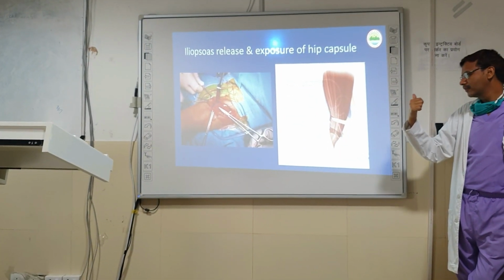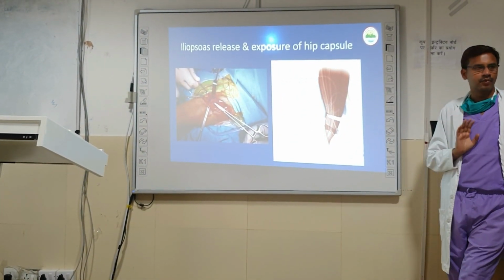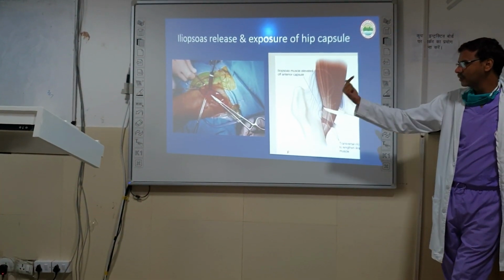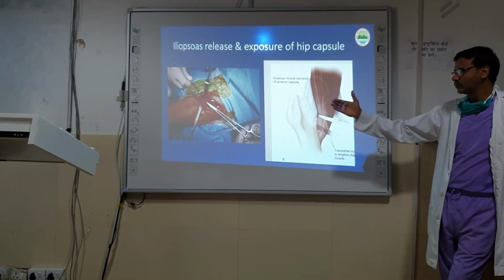So that's why cutting down the iliopsoas tendon, or at least knocking it down, is very important. Okay, so that's what we are doing. We are taking the iliopsoas tendon with a 90 degree artery forceps, and we are just going to cut it.